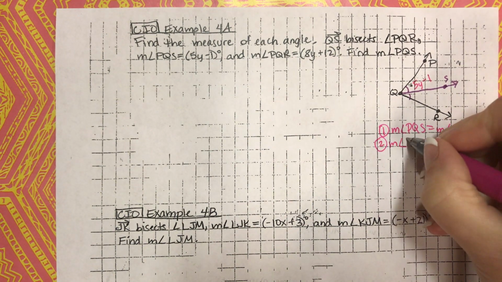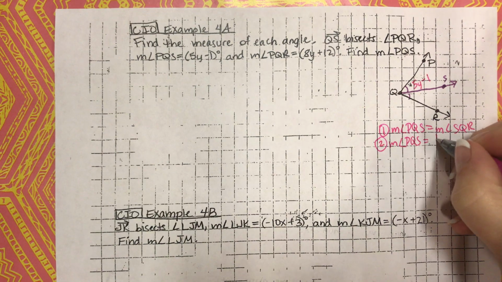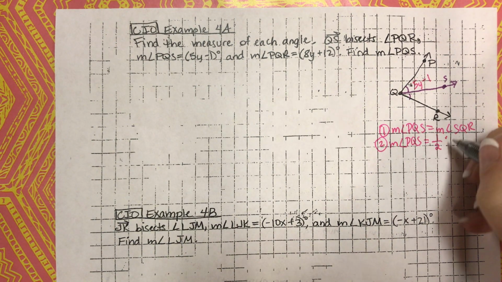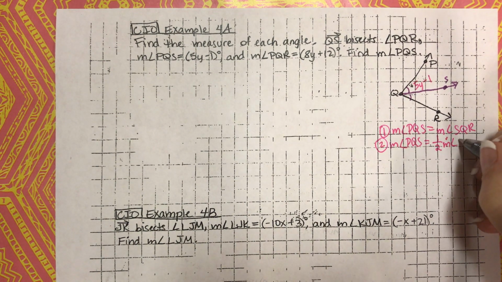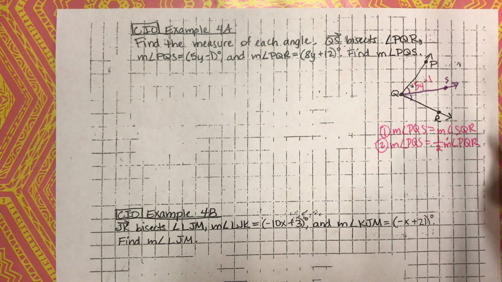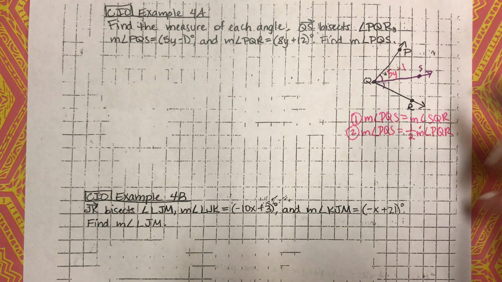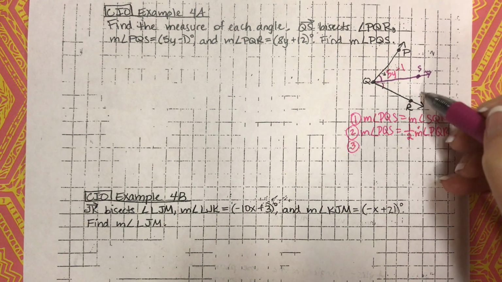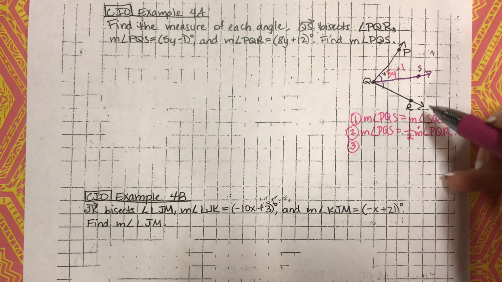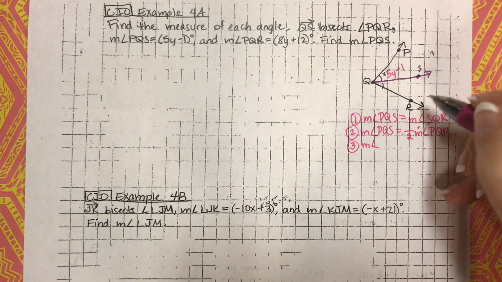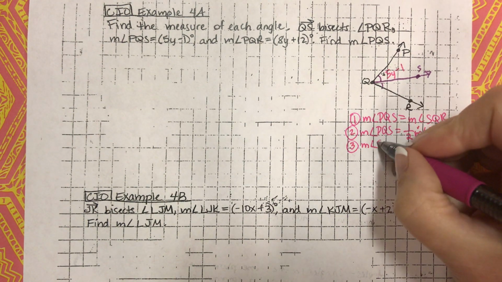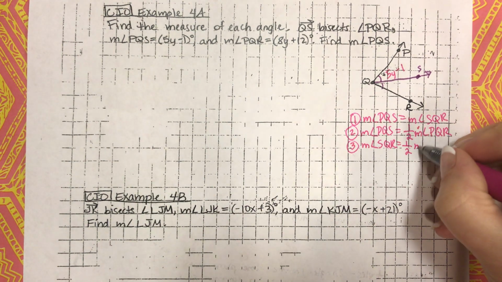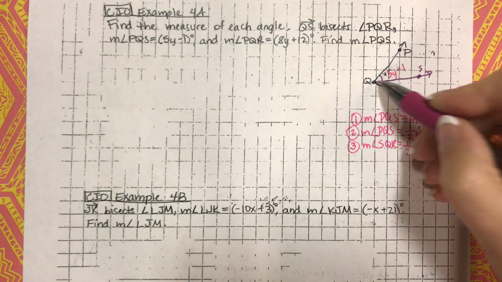So measure of angle PQS is equal to 1/2 of the entire big angle, which would be the measure of angle PQR. Okay, and then the third would just be this pair, right? Looking at this angle down here, this is half of the whole. So the measure of angle SQR is equal to 1/2 of the big angle, which is PQR.